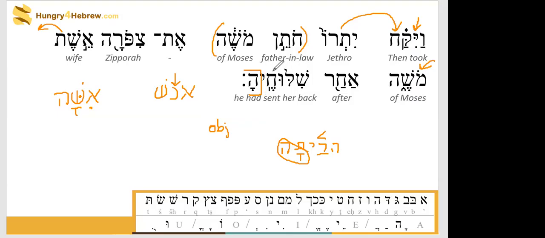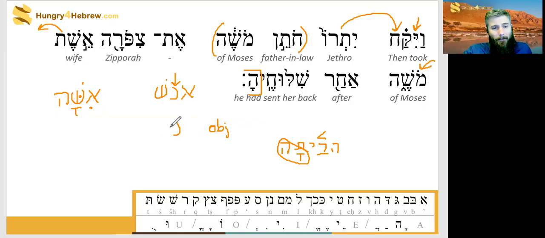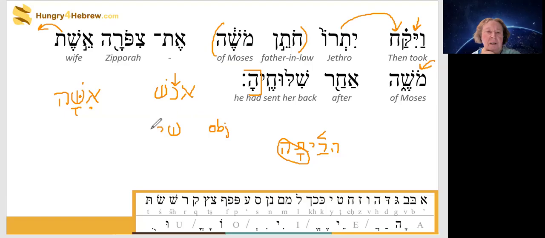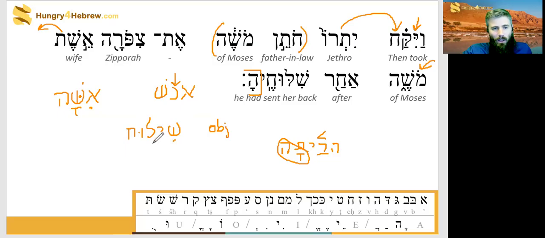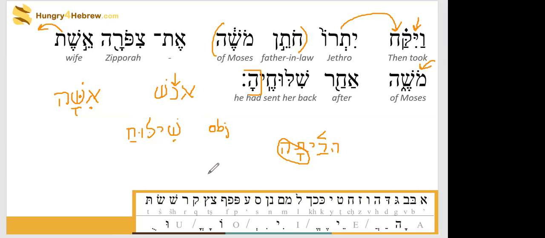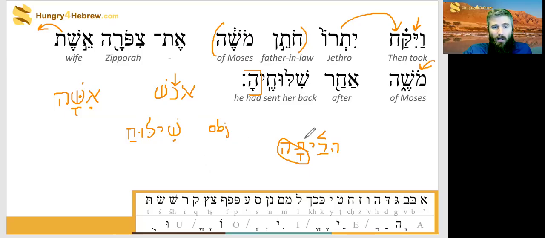Shalach. No. Close. Lamed tav. I'm afraid not. It's shiluach. Is that a verbal form? No. It's a noun. Shiluach. We have other forms like dibur that have the same pattern.